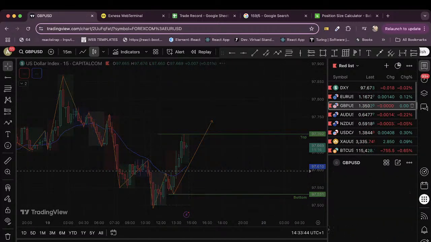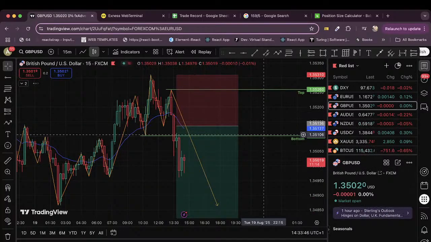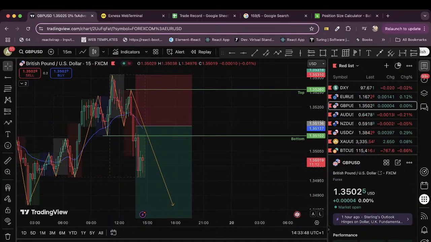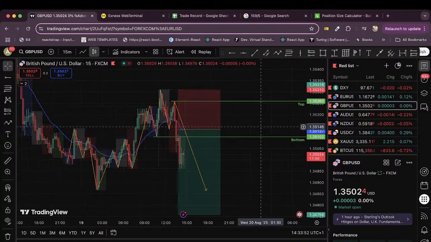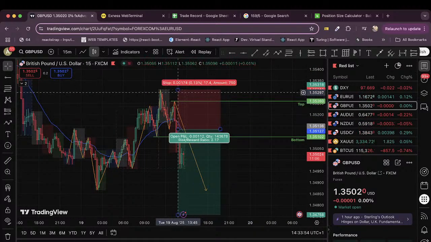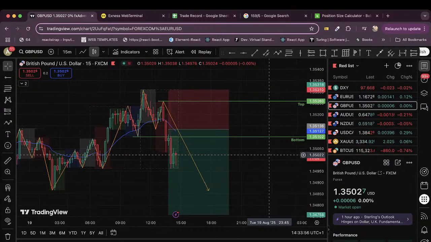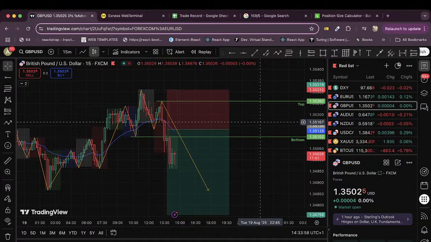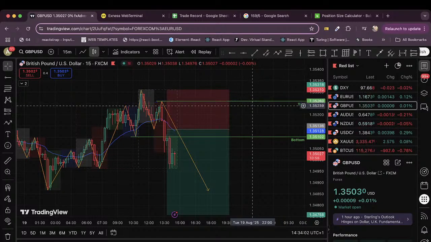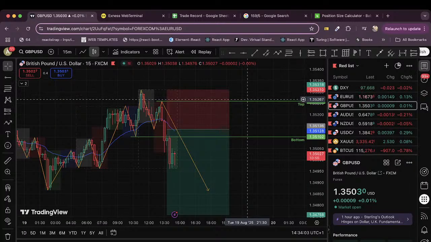The only place I see looking quite juicy or interesting, in my own opinion, is here on British Pound USD.